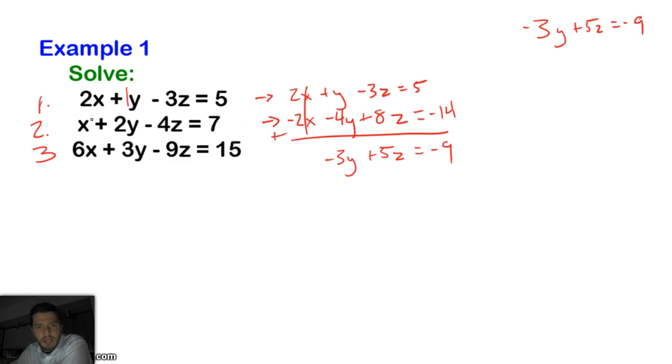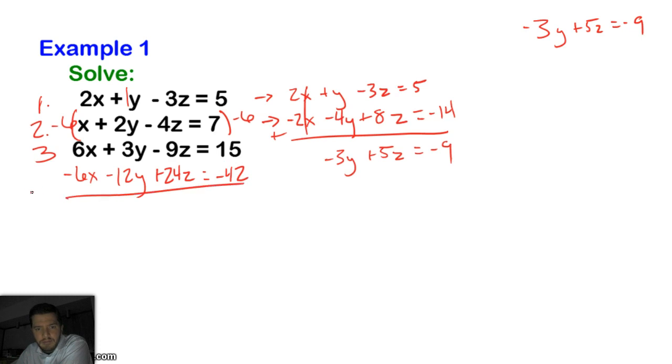So I need a -6 here, so I'm going to multiply by -6. So it is going to be -6x minus 12y plus 24z equals -42. Add them.